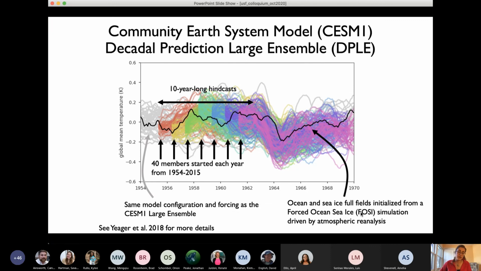So not just temperature and salinity, but including things like dissolved oxygen, all of the chemistry and the biology that's also included in CESM. And so you can initialize the model with all of that, and then you can have predictions of not just temperature and salinity, but predictions of the biology in the ocean as well. And biology here, I mean the plankton fields.